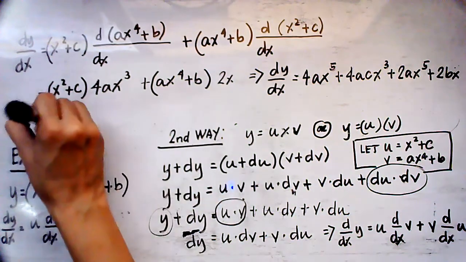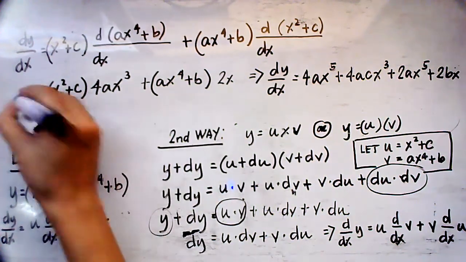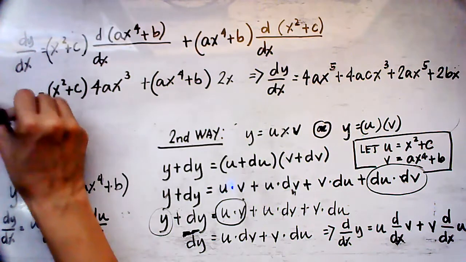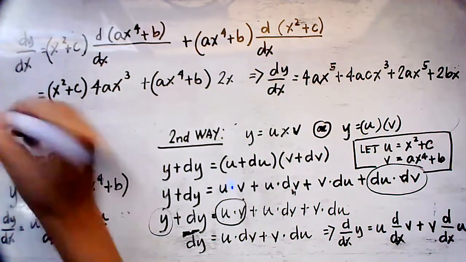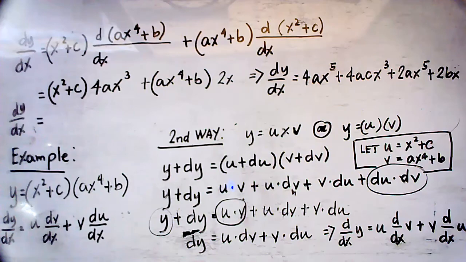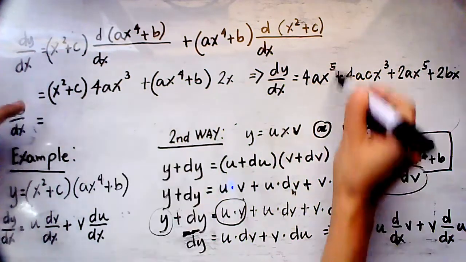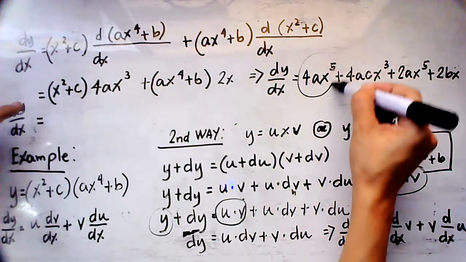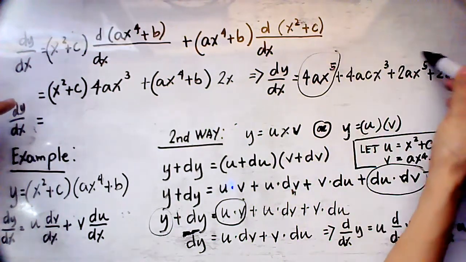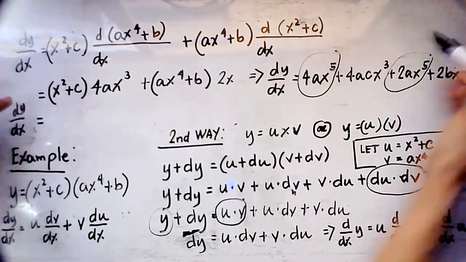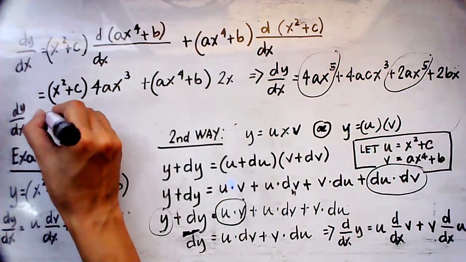So again, if we are going to continue with the determination of dy over dx, that is simply equals to 4ax to the 5th plus 2ax to the 5th power.